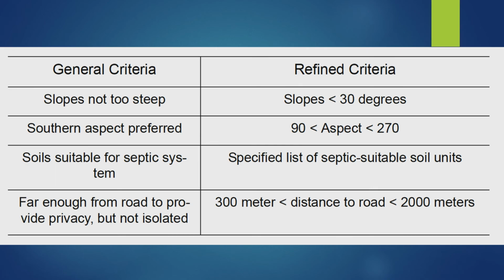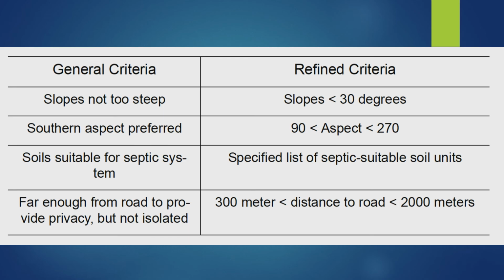I want southern aspect. I'm looking for like a new place to put a building. Soils suitable for septic systems, far enough away from a road to provide privacy but not too isolated. These are my general rules. Got to come up with areas that are suitable based on those general rules.